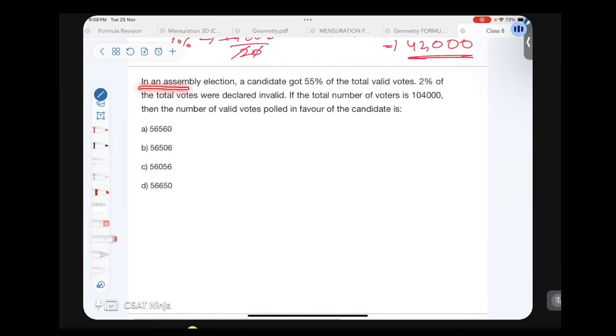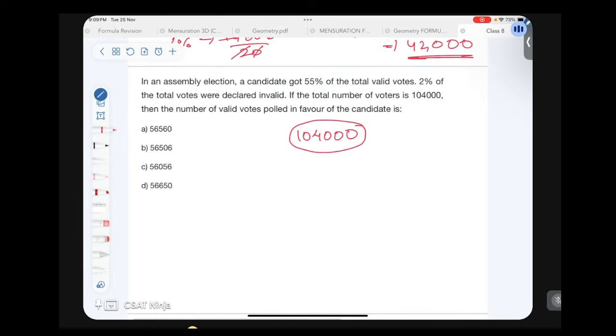In an assembly election, a candidate got 55% of the total valid votes. 2% of the votes were declared invalid. In this question, the total number of votes is given, 104,123.